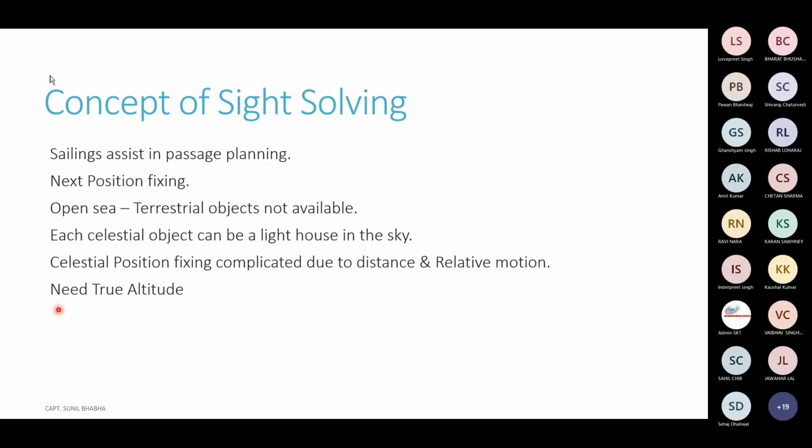Using this true altitude along with the almanac information of the body, basically the GHA and declination, Greenwich hour angle and declination of each of these celestial bodies, which is provided to us in the almanac, we can obtain one position line from one celestial body at one particular time.